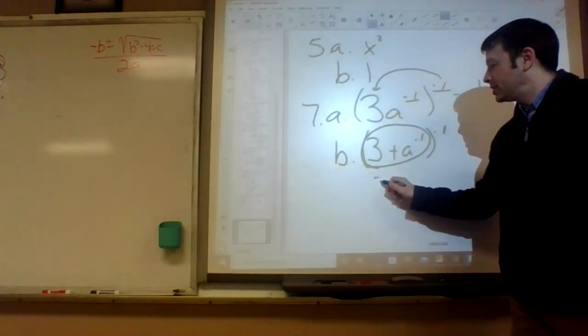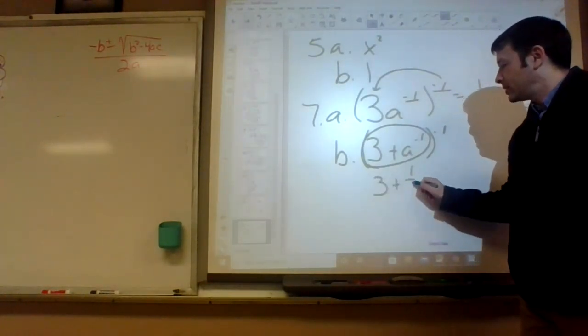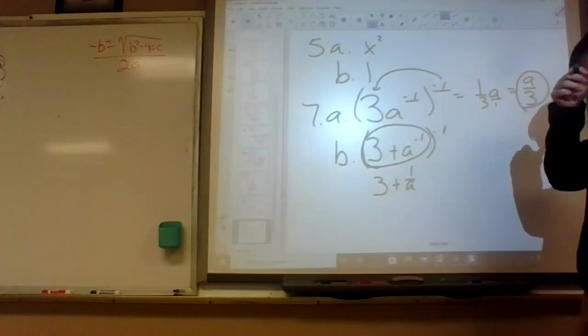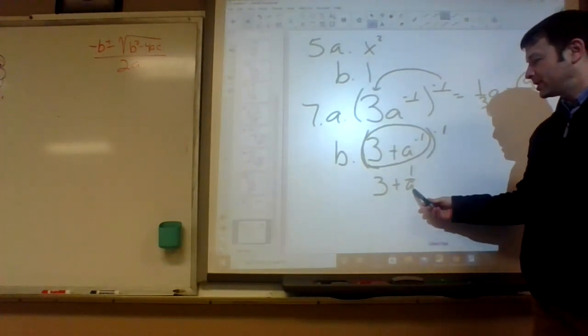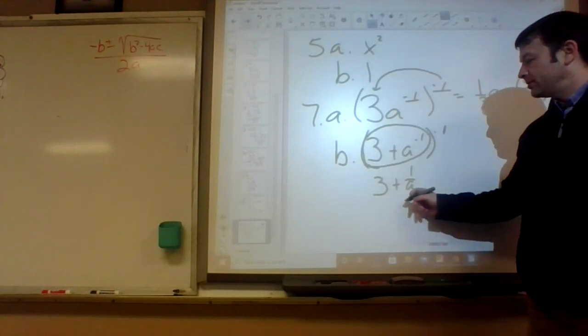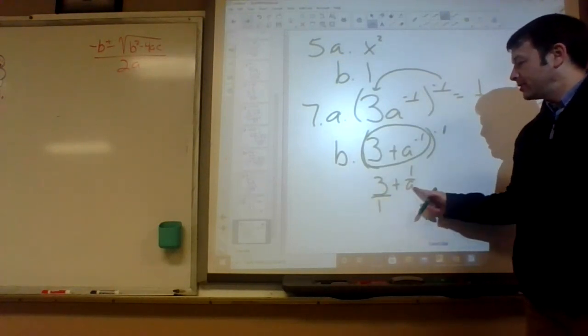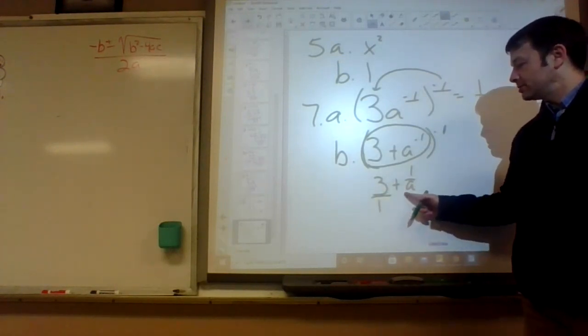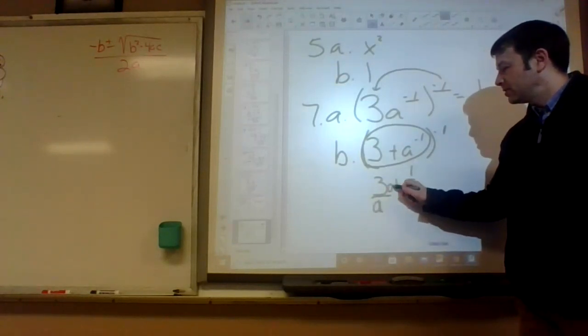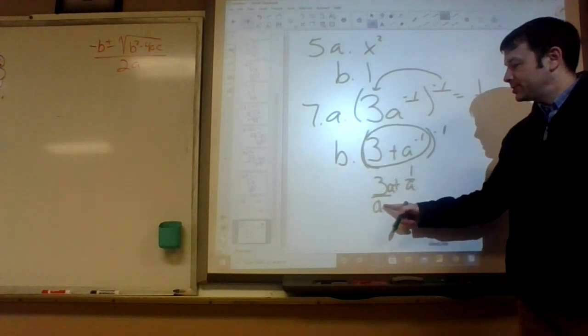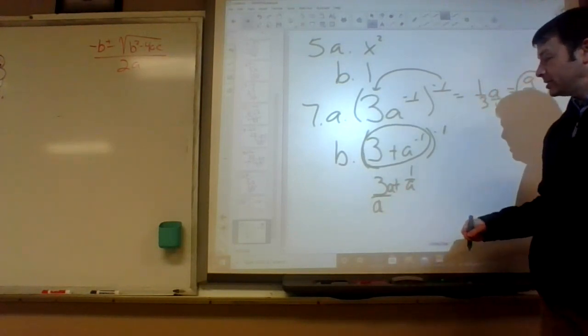Okay, a to the negative 1 is just 1 over a, right? How do we add two things together if one of them's a fraction? Common denominator. Common denominator would be a, so if I multiply this by a, top and bottom times a, now I've got a common denominator.